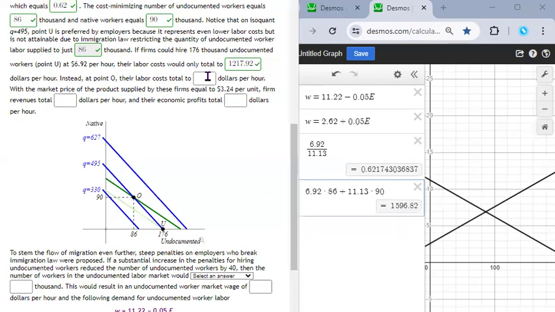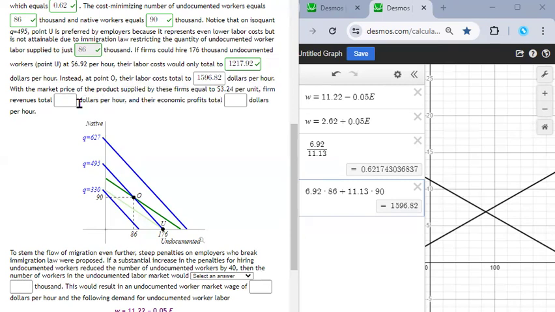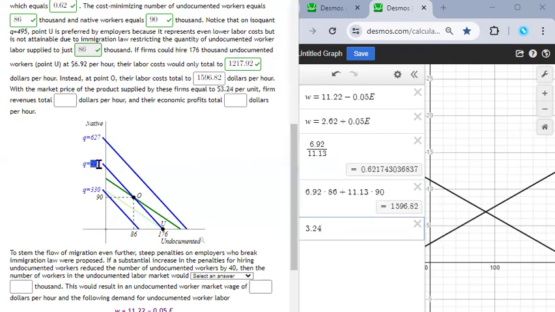And that represents labor cost equal to $1,596.82 per hour, right? With the market price of the product supplied, each unit that the firm produces can be sold at $324. The firm is producing 495.